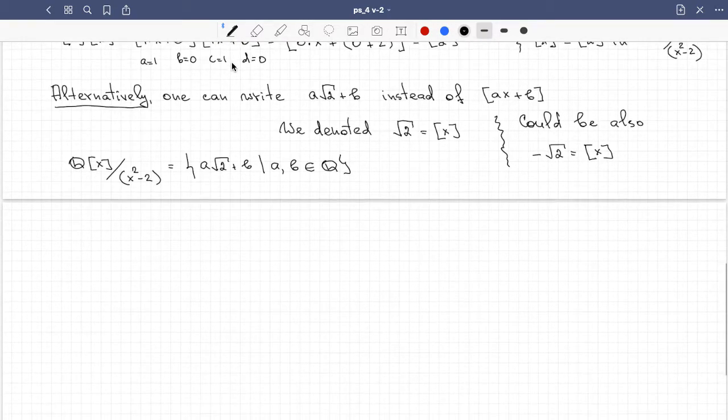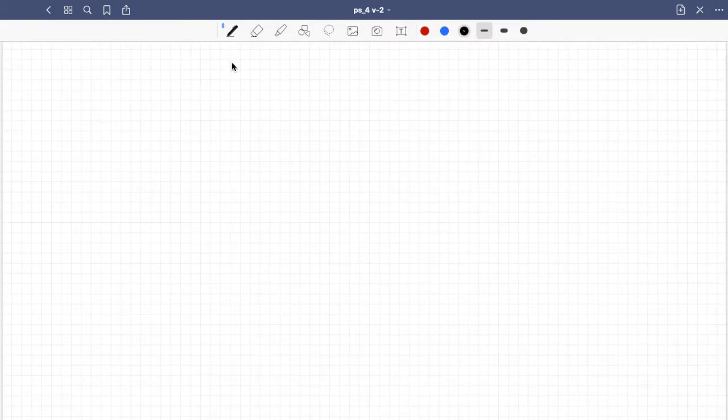Here is another exercise from the same set 11 on page 134. They say that the ring R defined as Q[X], polynomials with rational coefficients, over X squared is not a field.